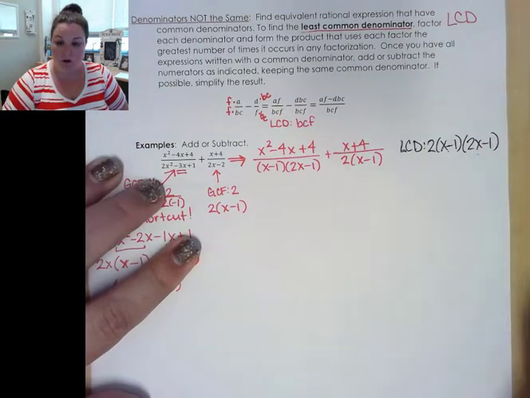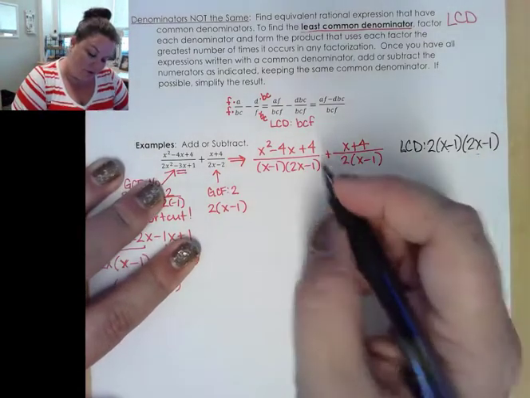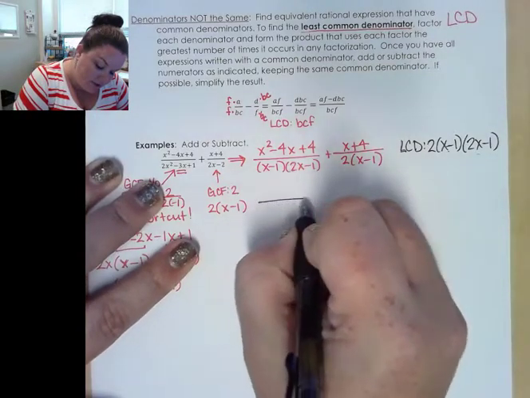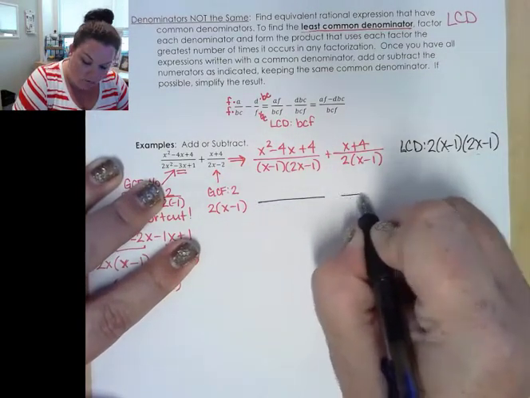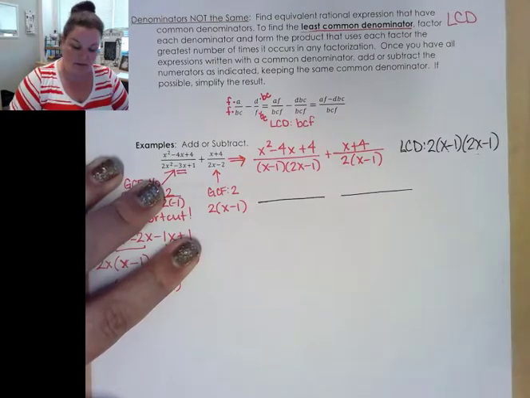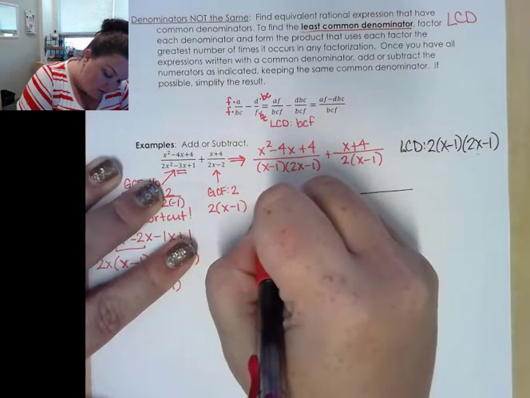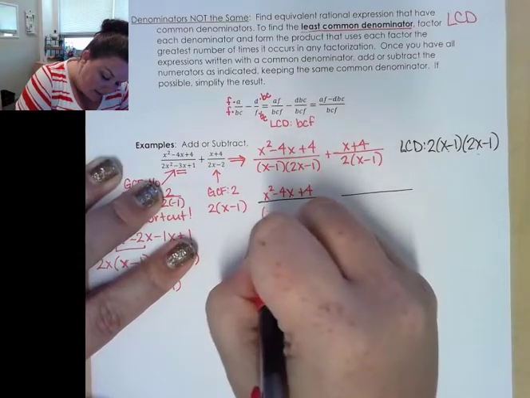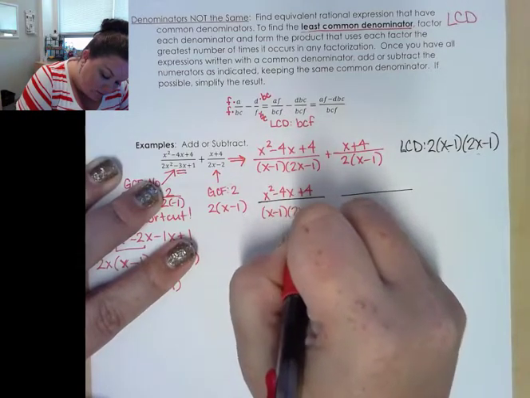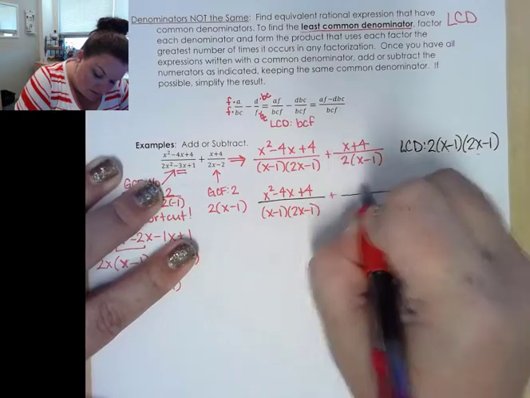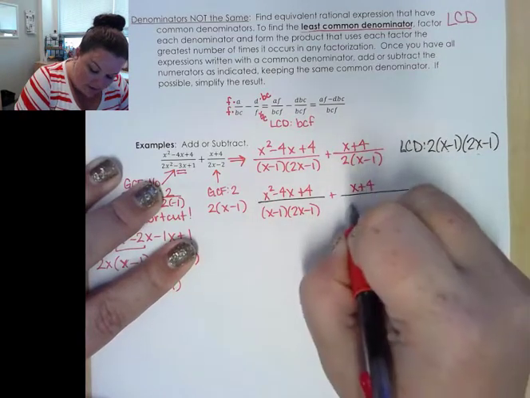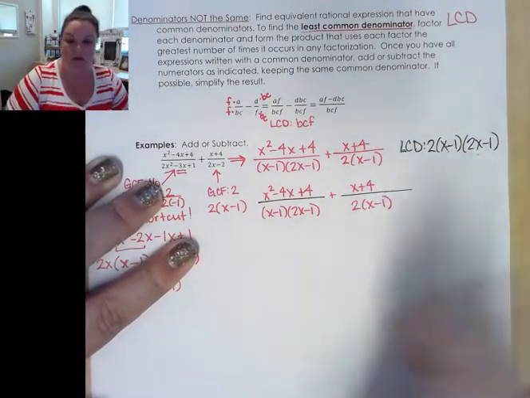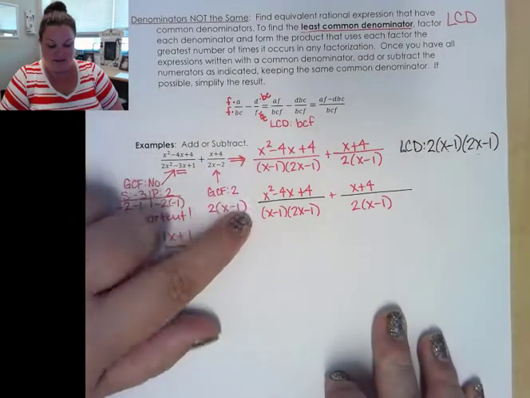What I want to do now is write each of these terms over that least common denominator. Right now I have x squared minus 4x plus 4 over x minus 1 times 2x minus 1, and x plus 4 over 2 times x minus 1. All I did is rewrite exactly what I have down here.